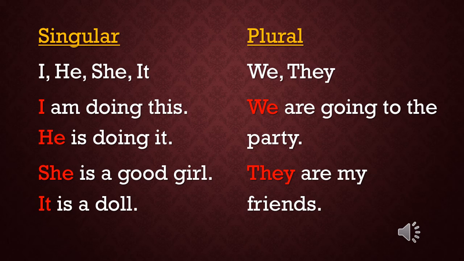Here, I, he, she, it, these are all pronouns. In the second case, you can see the plural ones, we and they. For example, we are going to the party.